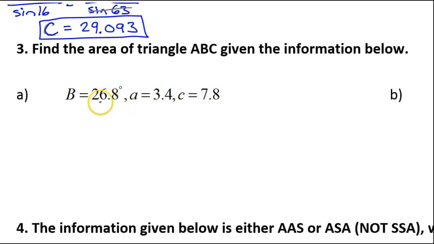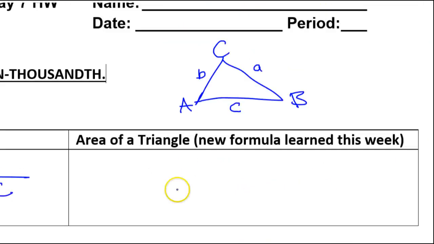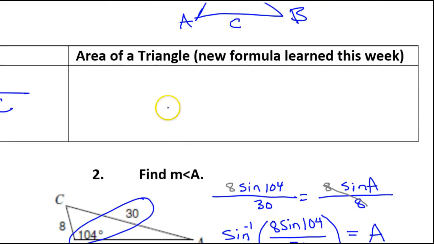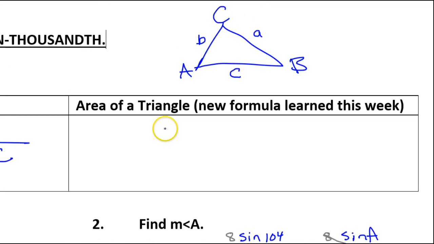Instead, I'm given two sides and the included angle. So that reminds me that we need to go ahead and write down the formula for that. So here's one example of this formula for how to find the area of the triangle if we are given two sides and the included angle.